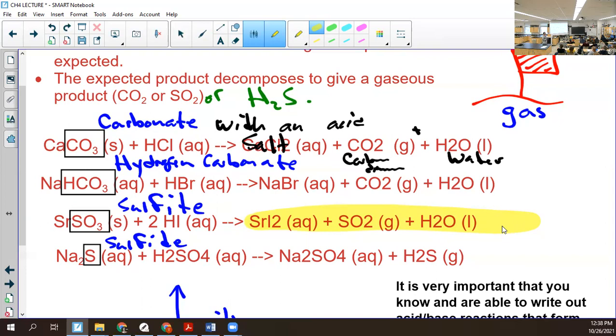One way they're similar. They make water. They make a gas. Anything else? They make a salt. Good. They're almost exactly the same. We literally changed one thing.